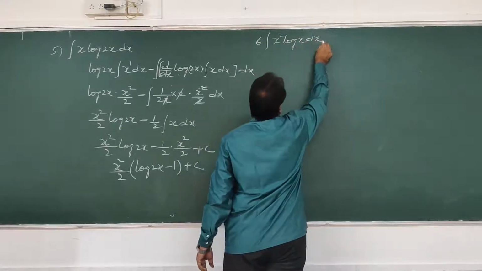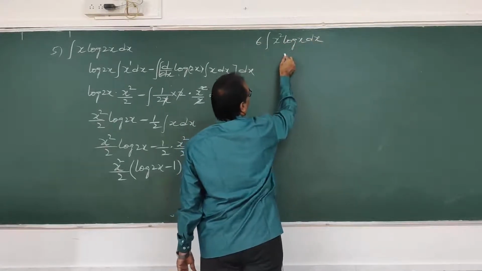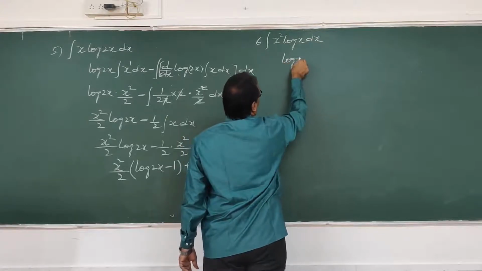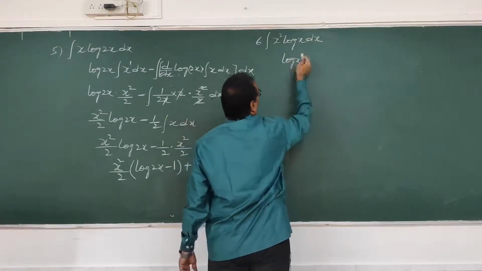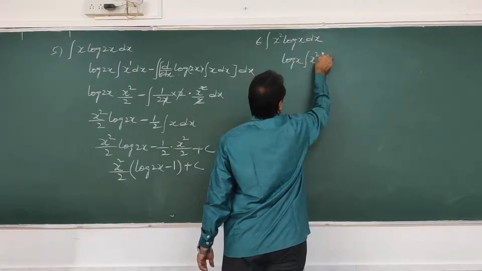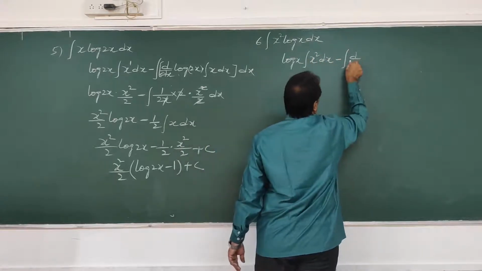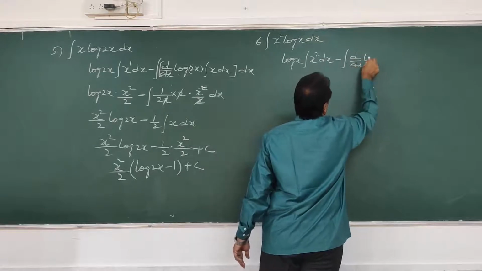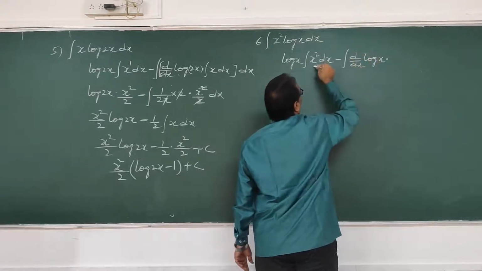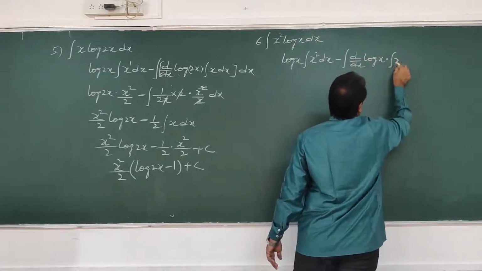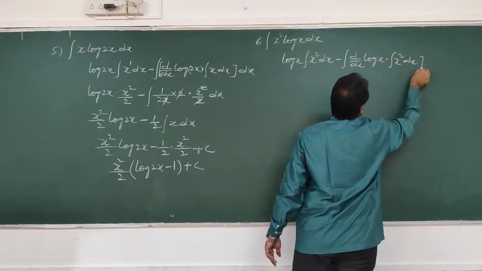So now what is the first function? Log x only. Why? Because log x doesn't have an integral. So what is the second function here? x square dx. Minus integral of d by dx of log x into integral x square dx. So this is as usual I am putting now.